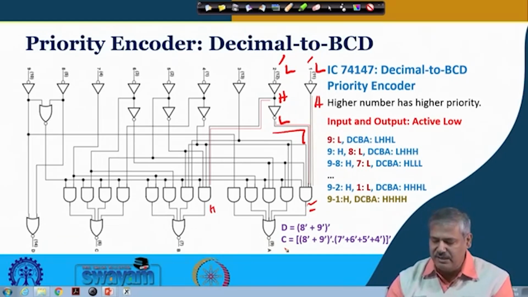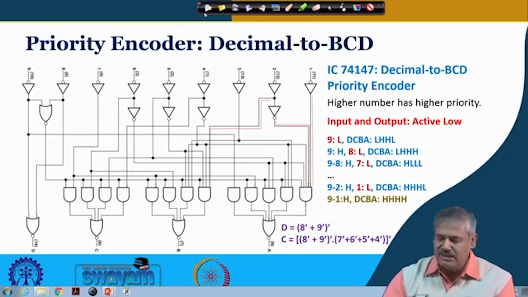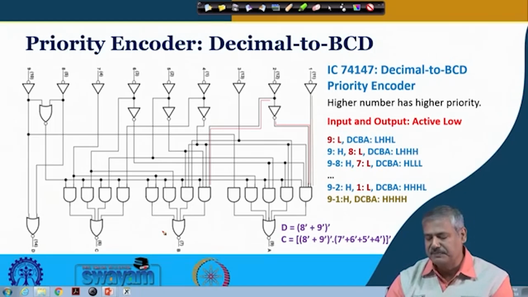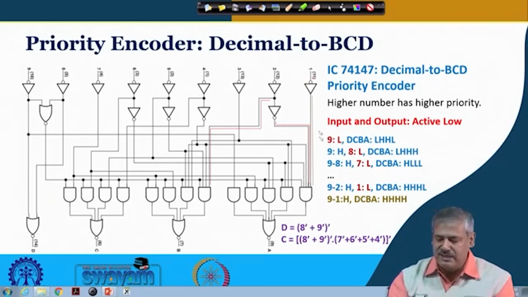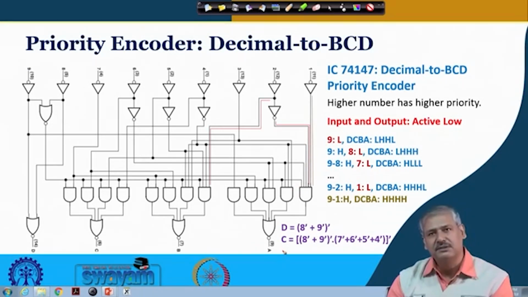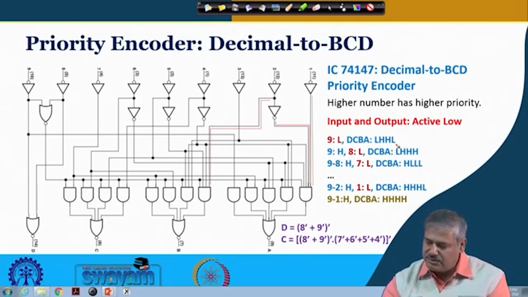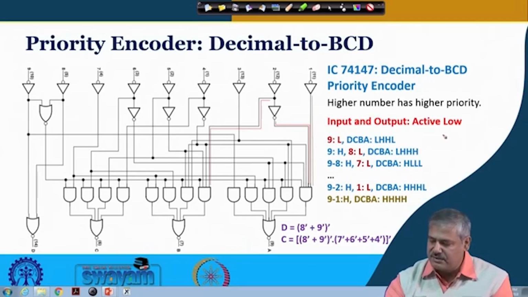So, looking at the other aspect of it, when 9 is low, the DCBA output will be low, high, high, low. You can just follow the circuit and you can see it. Okay. Is it clear? So, when 1 is present, it will be low, high, high, high, low, sorry. Yes, when 1 is present, this is the case.